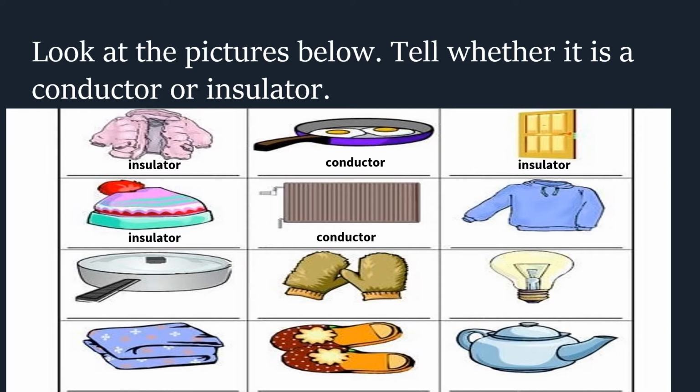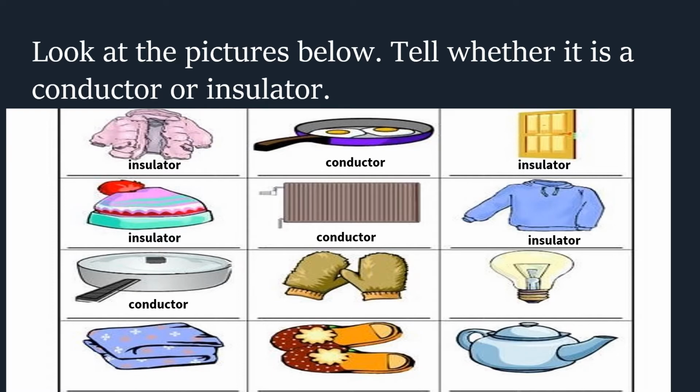The answer is correct. It is a conductor. We have sweater. Very good. It is an insulator. Next, we have the aluminum pan. Correct. It is a conductor.